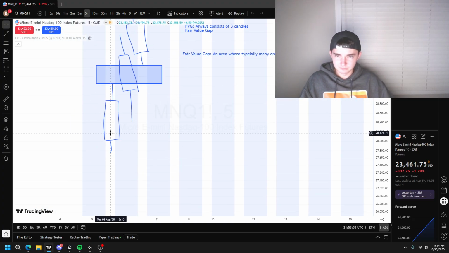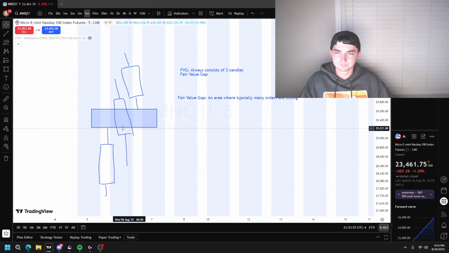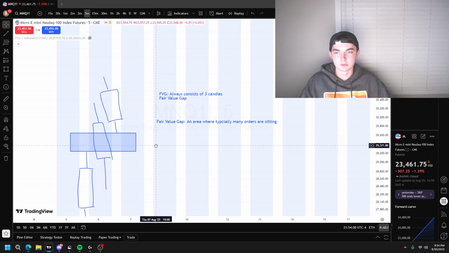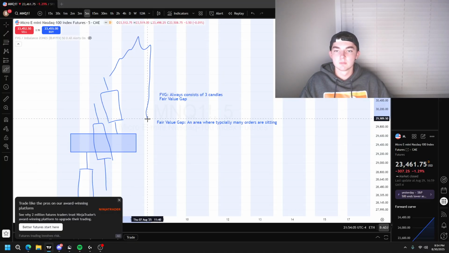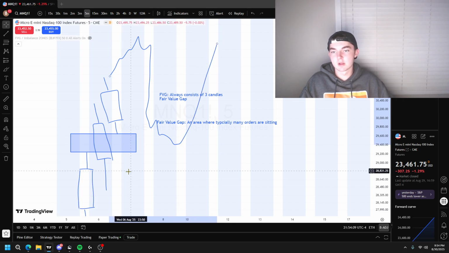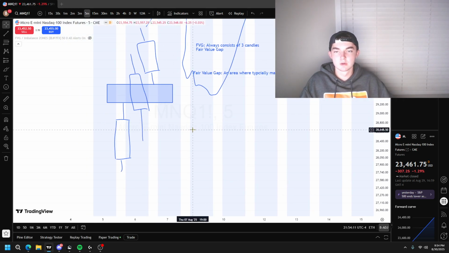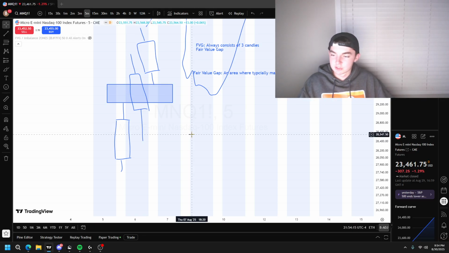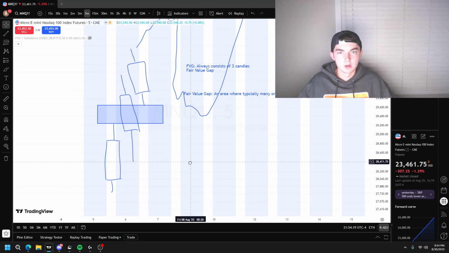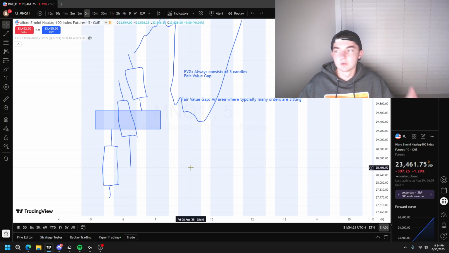So this is to the upside. There'd be a lot of buy orders placed in this fair value gap. So you would wait for price to come back up, play into this fair value gap, and then bounce back up. This basically means that a lot of buy orders are filled in this gap. So it's just places that traders would typically put buy or sell orders in order to fill their orders.